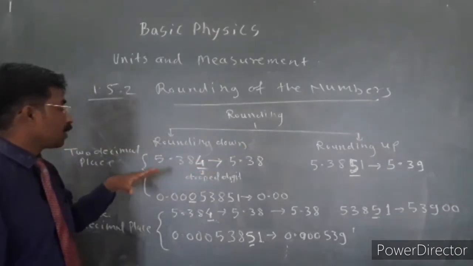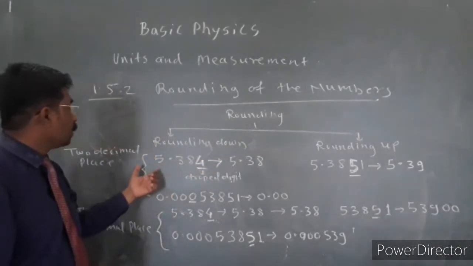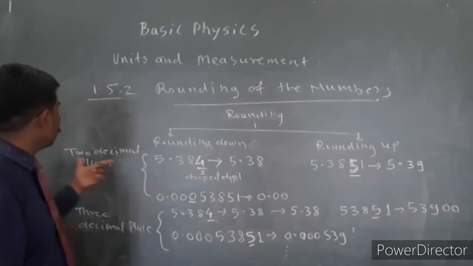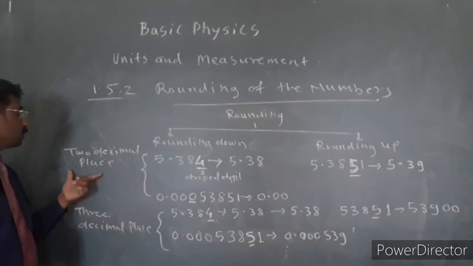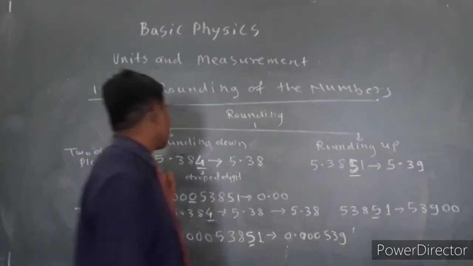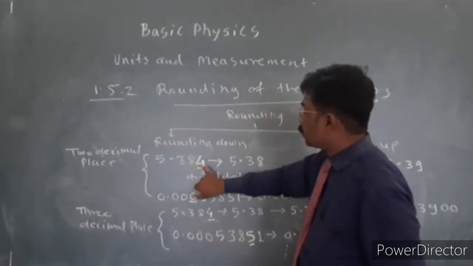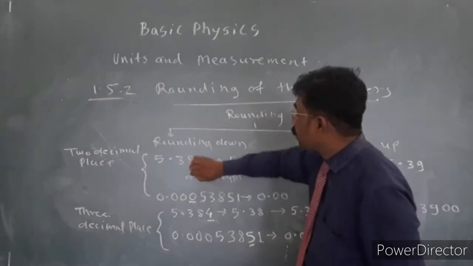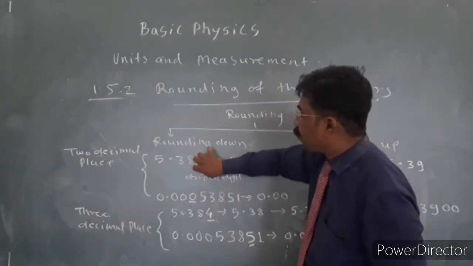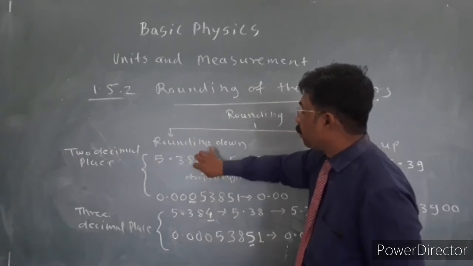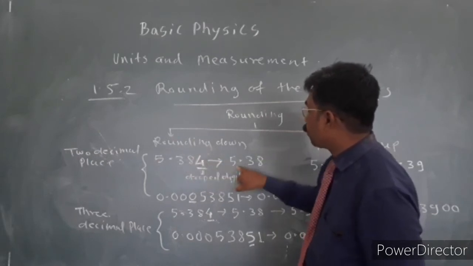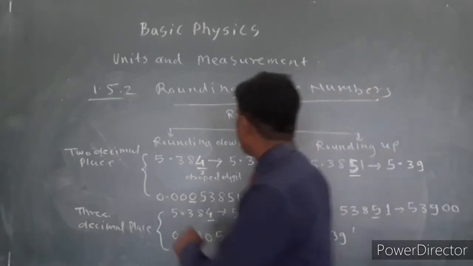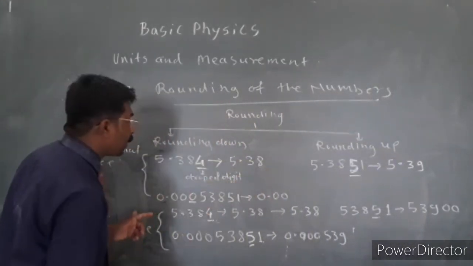Suppose here is 5.384. We have to round this down up to two decimal places. I underline the 4 because it is the third decimal place, so we have to eliminate this 4 and write 5.38. What rule is applicable here?